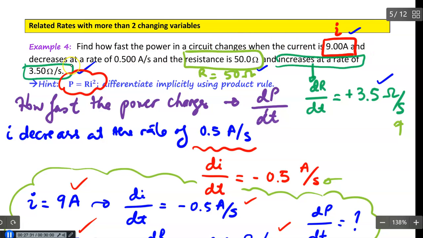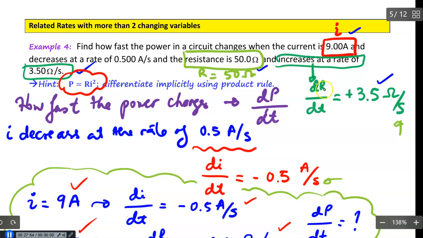And now it decreases at the rate of. So when it is decreasing at the rate of, I will identify this one as di over dt equal to negative 0.5 amps per second because it's decreasing. And the resistance is 50 ohms and increases at the rate of 3.5 ohms per second.